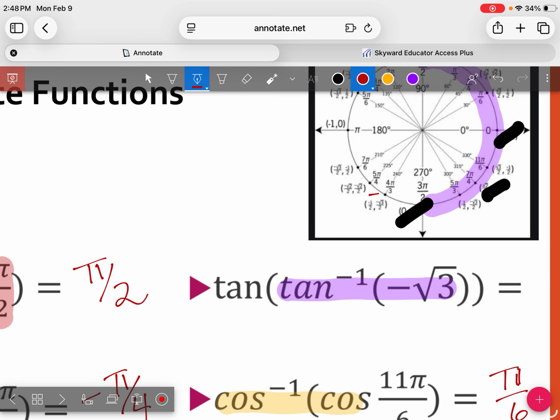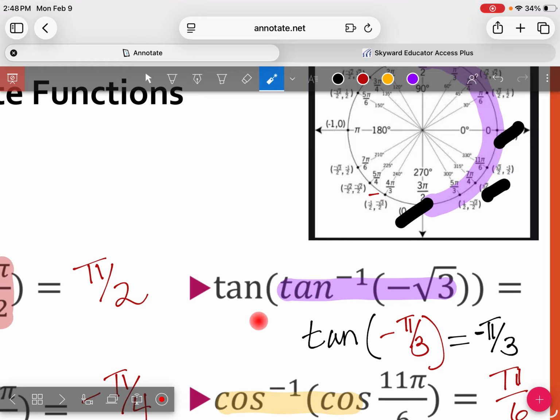So we got -pi/3. And then we have the tangent of -pi/3. And we get the same answer, -pi/3. So, similarly, we're looking really at the range, okay? And on the next slide, you'll have your range.